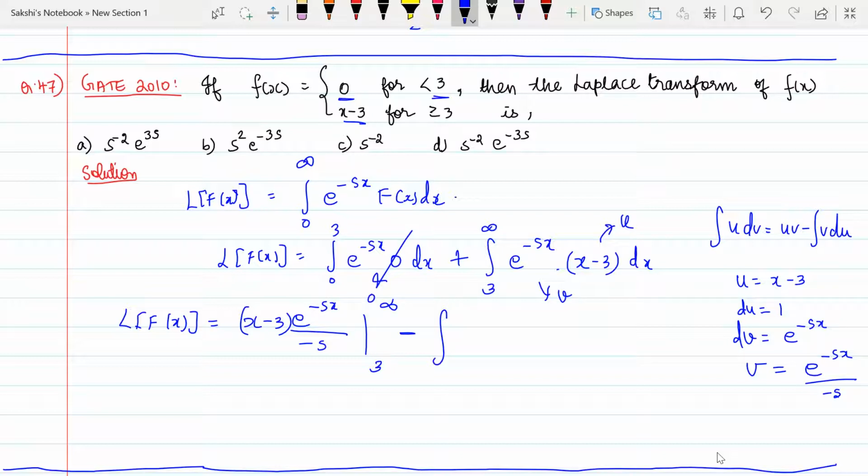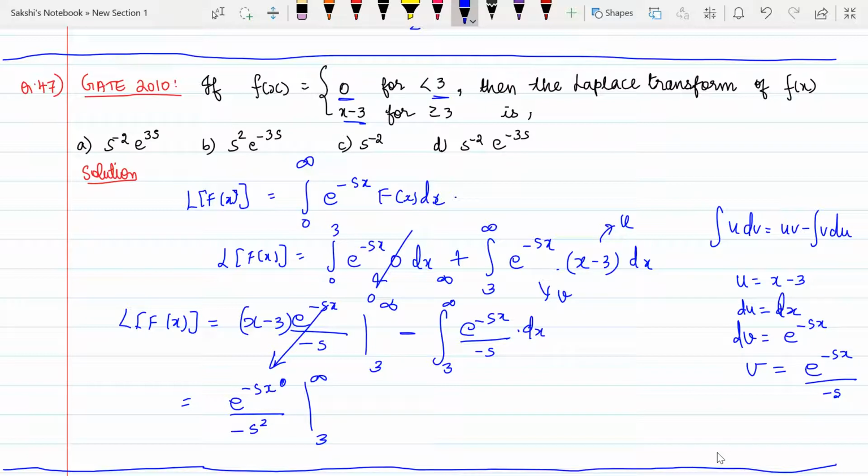So v is again e power minus sx by minus s, into du which is 1, dx, from 3 to infinity. This first part will again go to 0. Now we have to integrate this. Minus and minus will give a positive answer. On integrating this function, we get e power minus sx divided by s square, minus s square, from 3 to infinity.